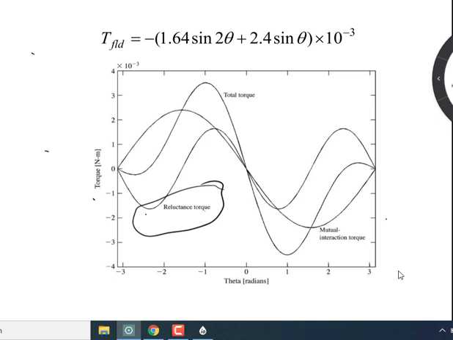In my next lecture I would like to start fundamentals of rotating machine, and in that we will discuss the other topics.